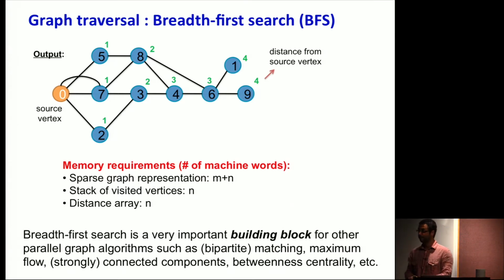This is a very important building block, and we'll see some of the applications today. For example, we'll see betweenness centrality uses breadth-first search. A newer version of strongly connected components needs to use breadth-first search, and some other algorithms that I won't talk about in detail, such as bipartite matching and maximum flows, actually use breadth-first search.